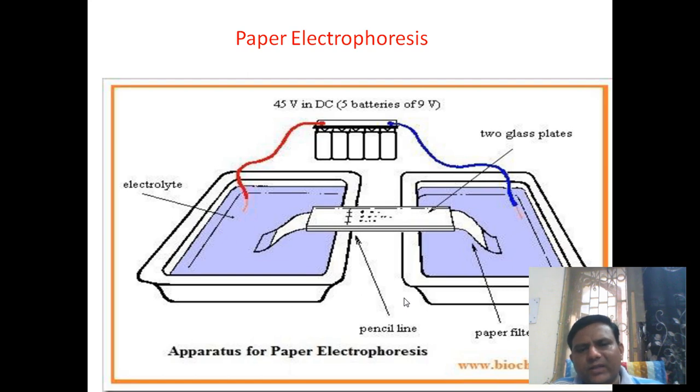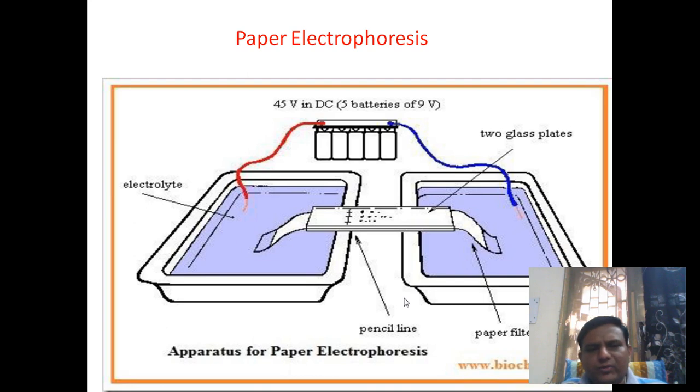But in paper electrophoresis, we require a specific charged molecule, or we are interested only in the separation of charge-bearing molecules. So if your sample has a particular charge and is loaded on the surface of paper and we apply the electric field, then under the influence of the electric field, your molecule starts to migrate toward the opposite charge electrode.